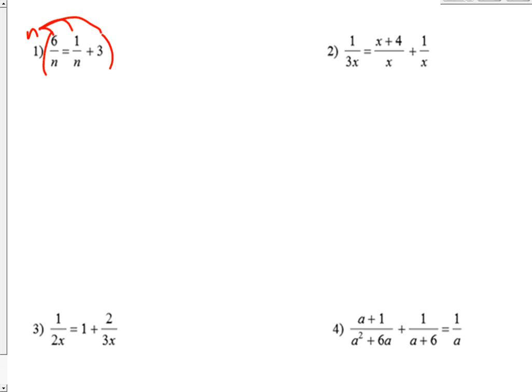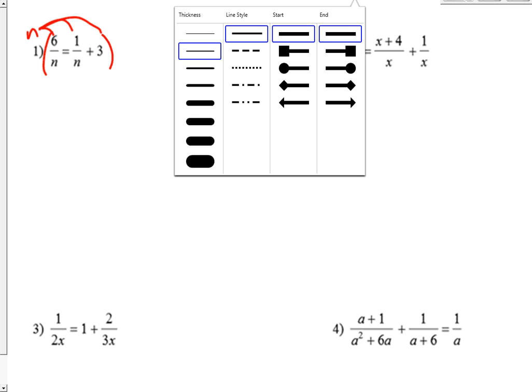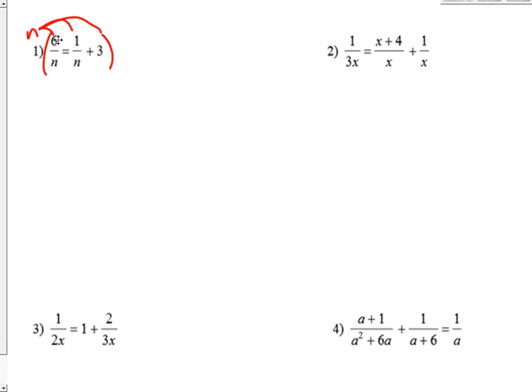And essentially what that's going to do for me is add an n to the numerators of the fractions to be multiplied by the numerators, and then over here with the 3 as well.